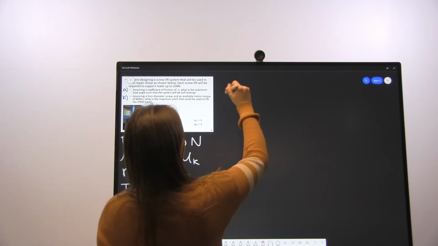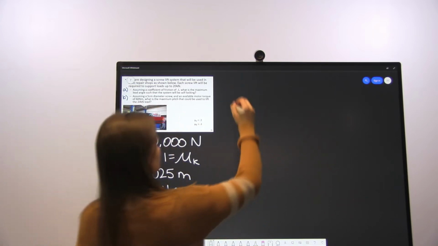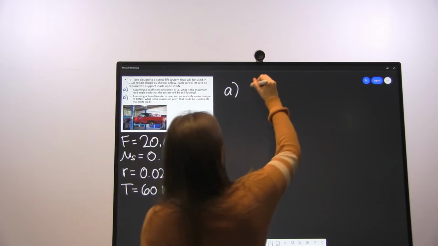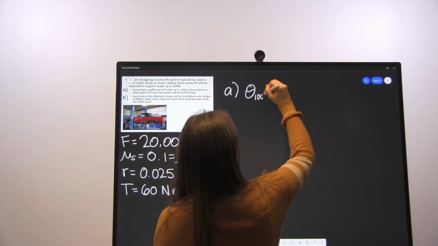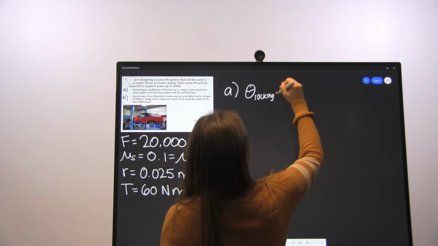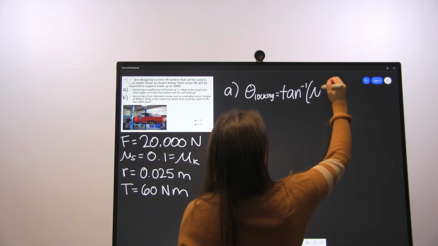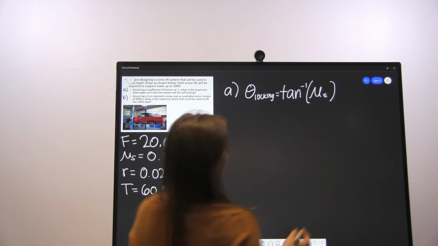So to do that, we have our equation. We have our theta locking is equal to the inverse tangent of the coefficient of static friction.